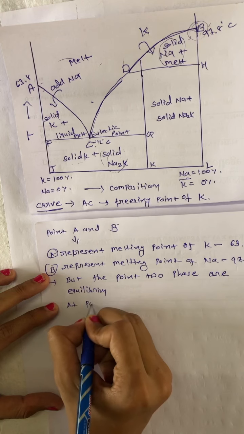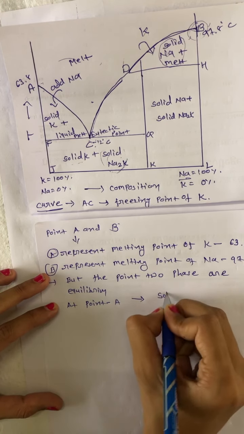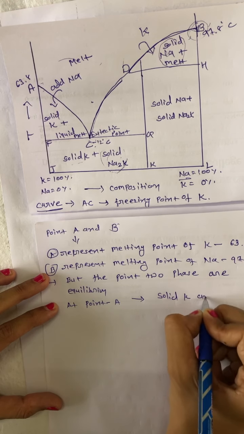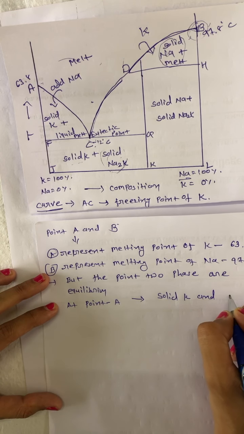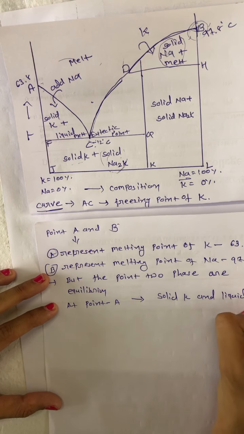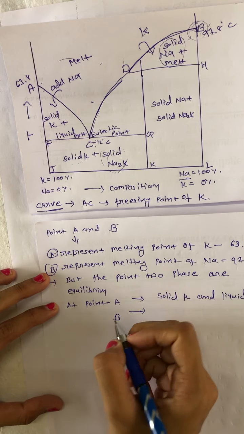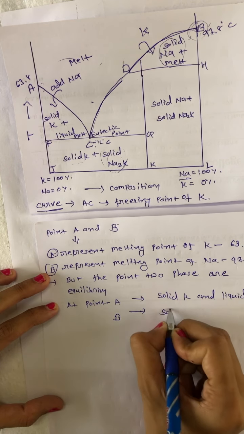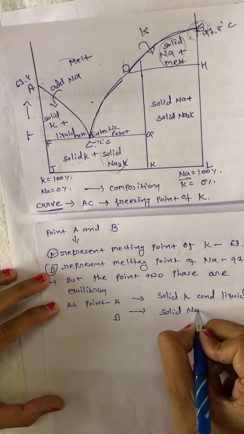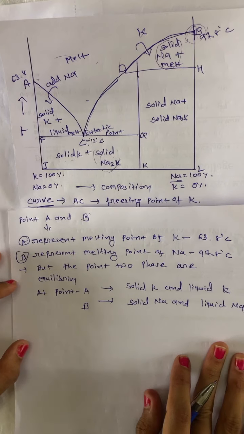At point A, which one is present? Solid K and liquid K. At point B, solid Na and liquid Na, right? You can see.